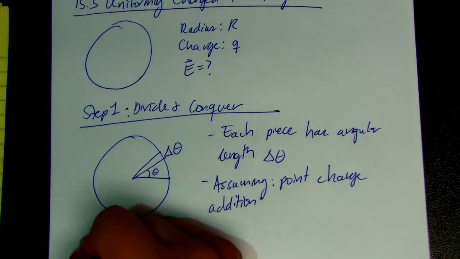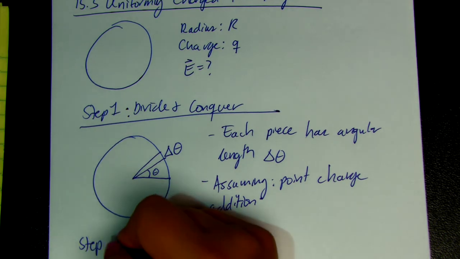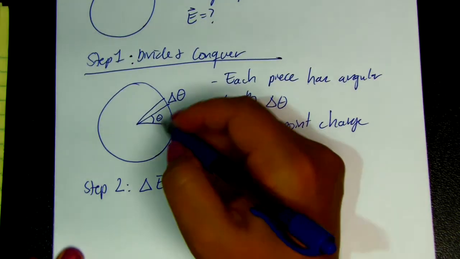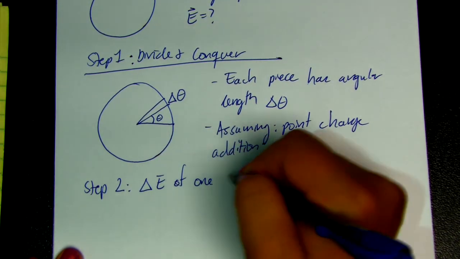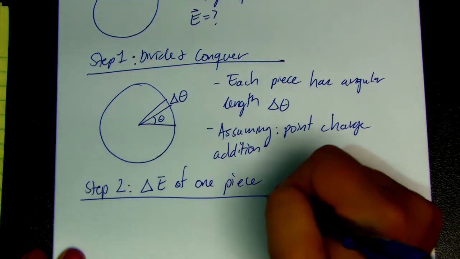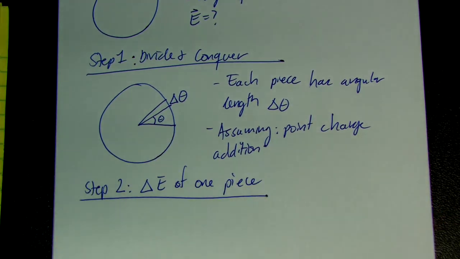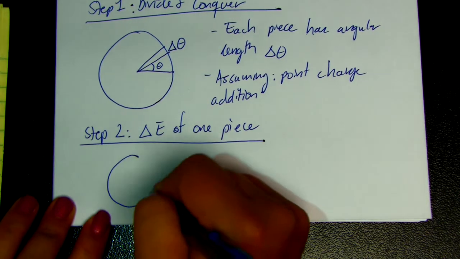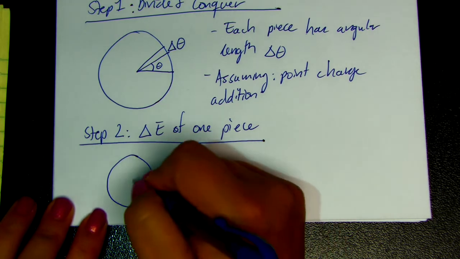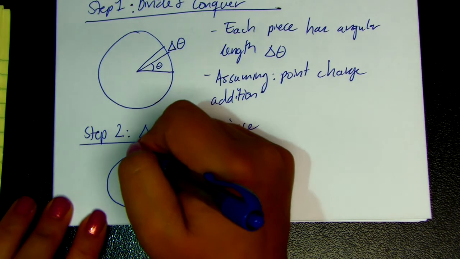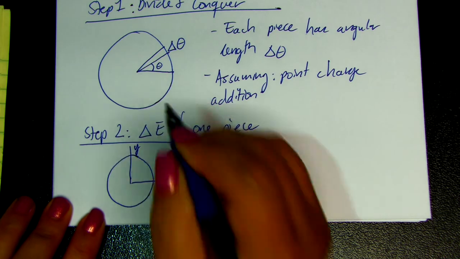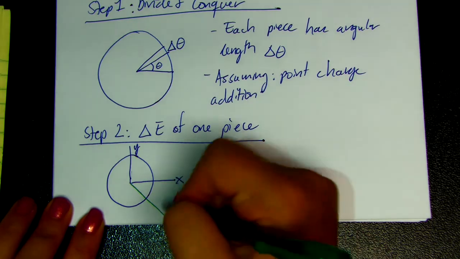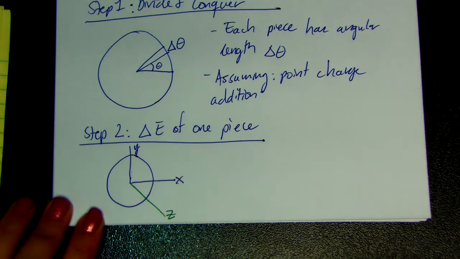Okay, so step 2, we want the contribution of one piece to the electric field. So here's where we set up our axis system. So let's go ahead and do that here. And we will be working in 3 dimensions. So we're going to put x here, y here, and we're going to be observing the electric field at some point along the z-axis, which goes right through the ring.